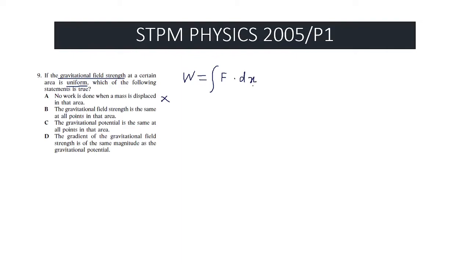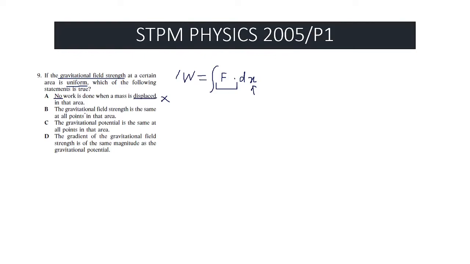So the x here is a displacement. So under the field strength we have a force acting on the object and we have a displacement, so we will get the work done. Here it says no work done, so A is incorrect.